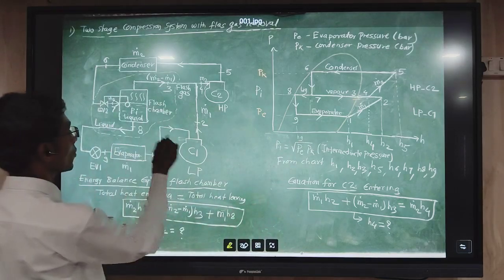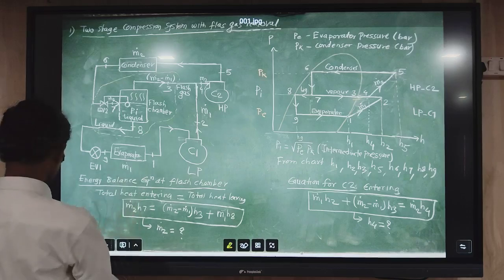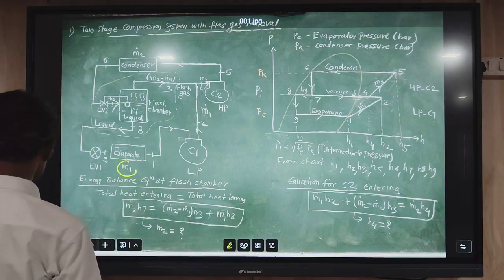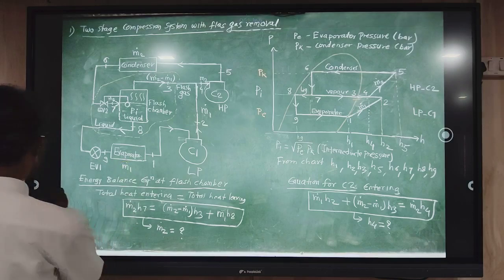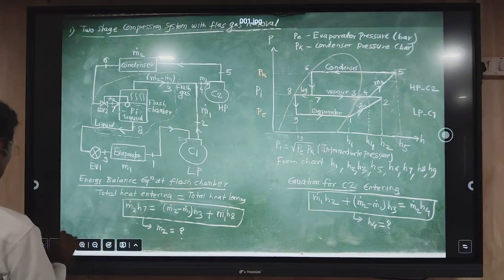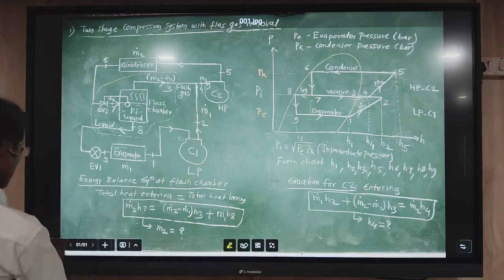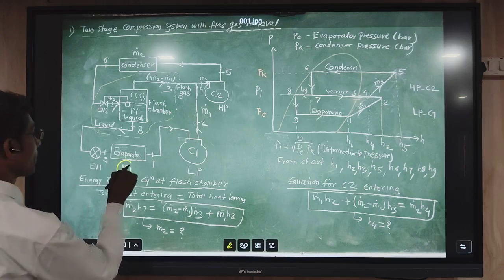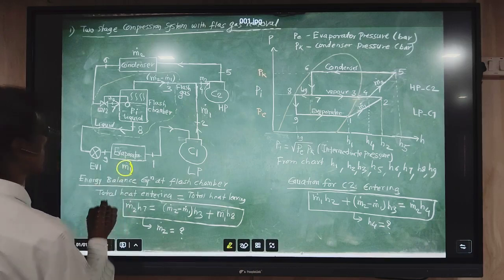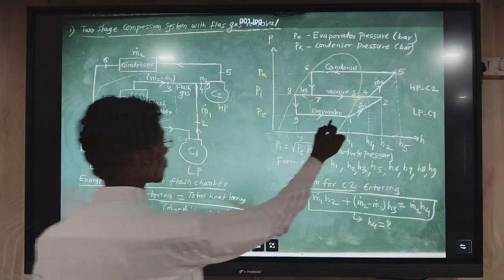Through this lower envelope, the mass flow rate passing is m1 dot. This mass flow rate is passing through this evaporator and through this compressor.